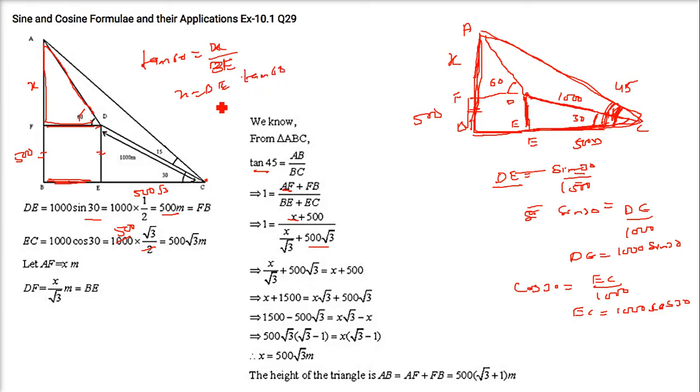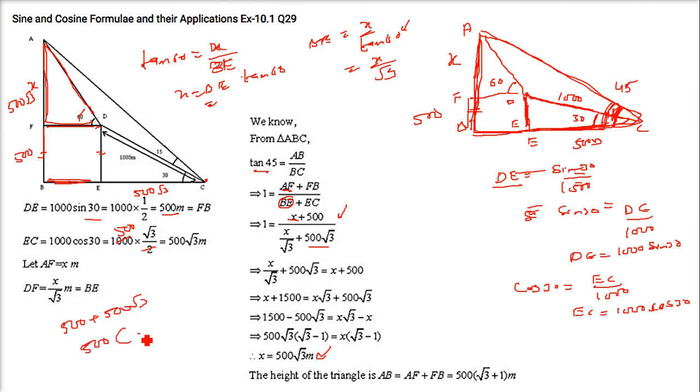BE we have to find out, so BE will be X by tan 60, and tan 60 is root 3, so BE is X by root 3. Now we need to solve for X. You'll get X as 500 root 3. Now the whole height is AF plus FB, that is 500 plus 500 root 3, which is 500 times root 3 plus 1. So this is the height of the triangle.